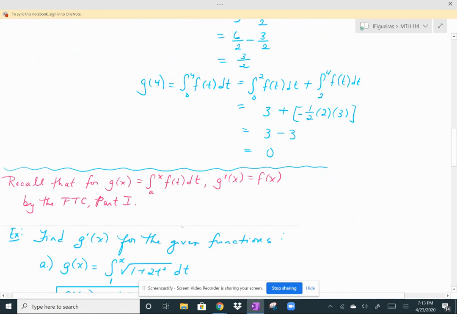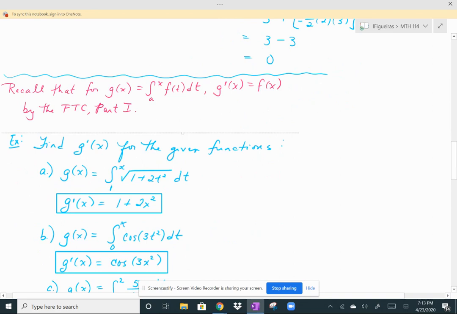Okay, so now we're going to use the other part of the fundamental theorem of calculus, part 1, which says that if g of x is equal to this integral, then g prime of x equals f of x. All right, so here are a few examples. We want to find g prime of x for the given functions.